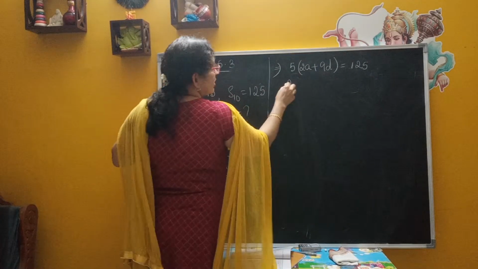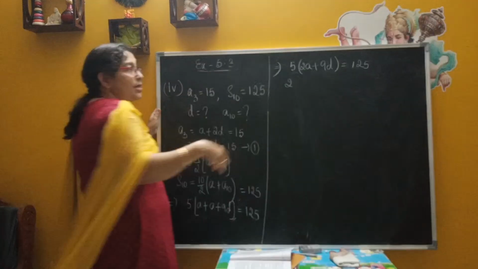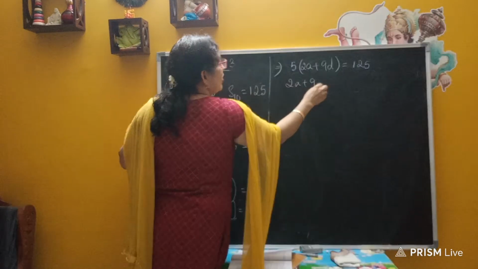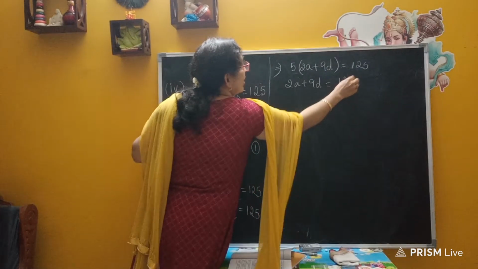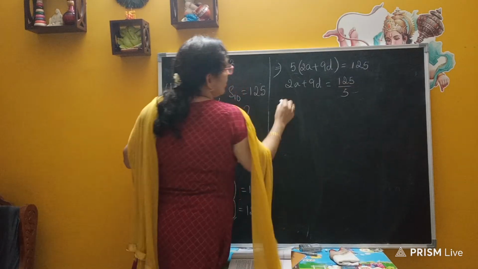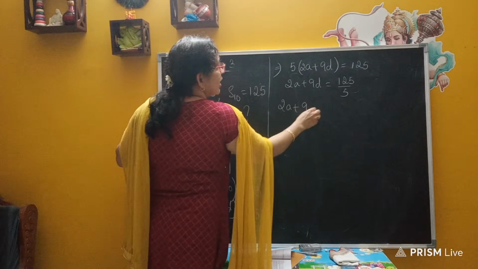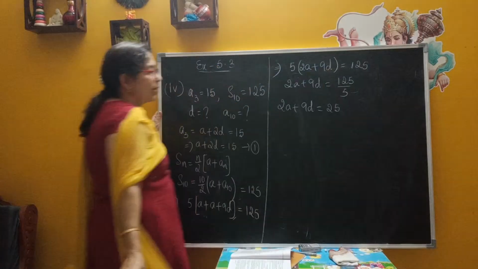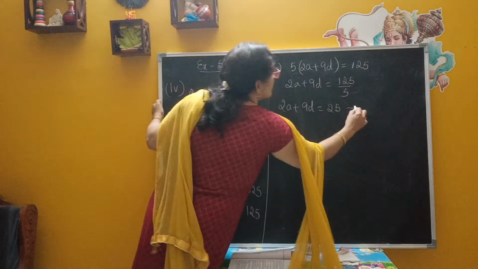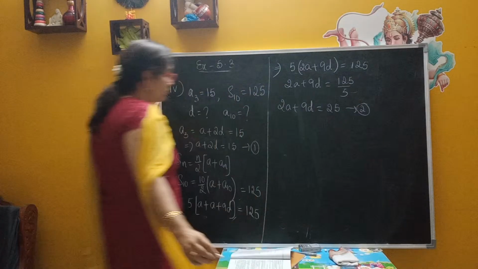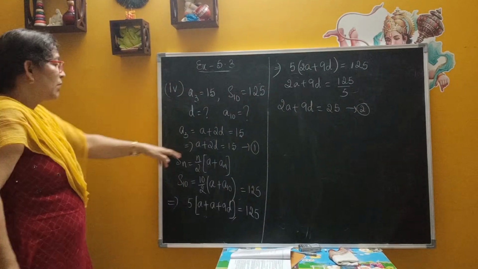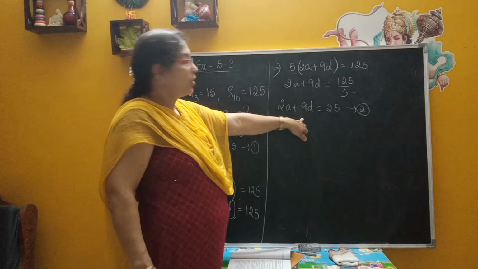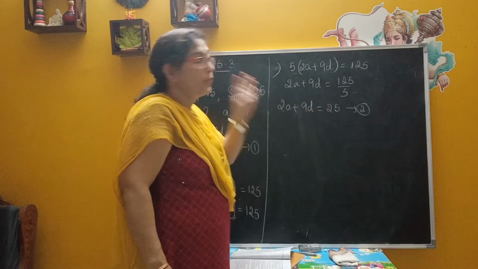That means I am transposing 5 to the RHS and dividing 125 by 5. 2A plus 9D is equal to 125 by 5. That is 2A plus 9D is equal to 25, since 5 fives are 25. This is the second equation. First equation, we have A plus 2D is equal to 15. Second equation, we got 2A plus 9D is equal to 25.